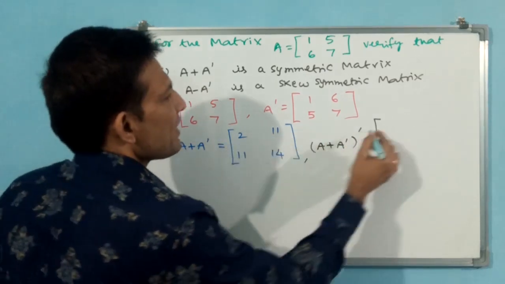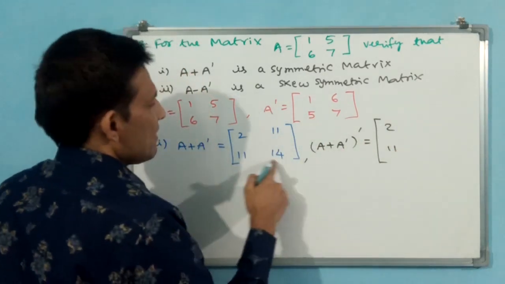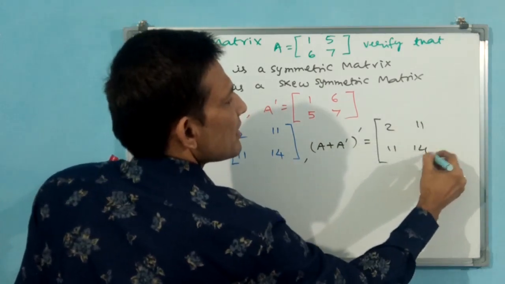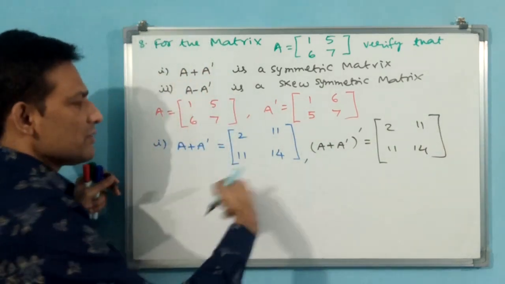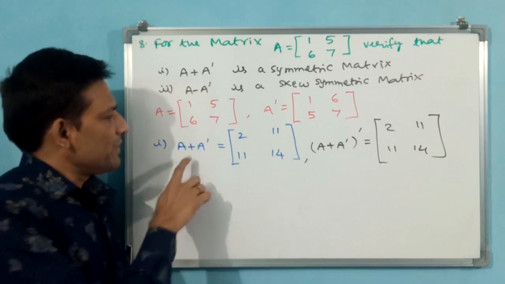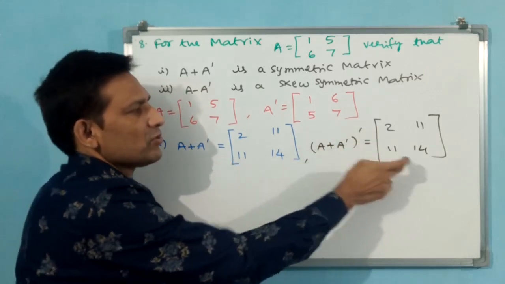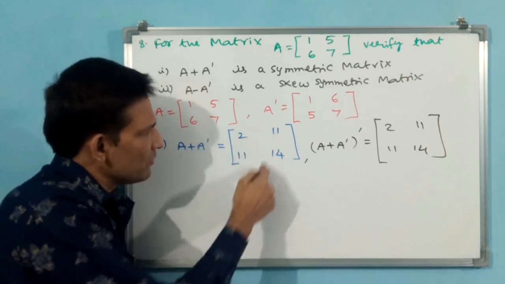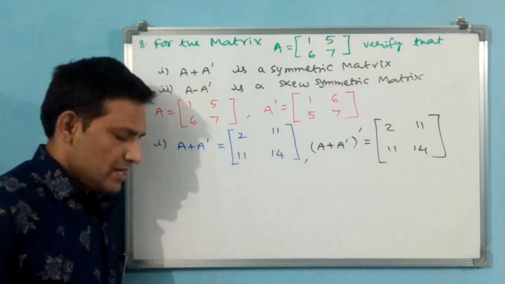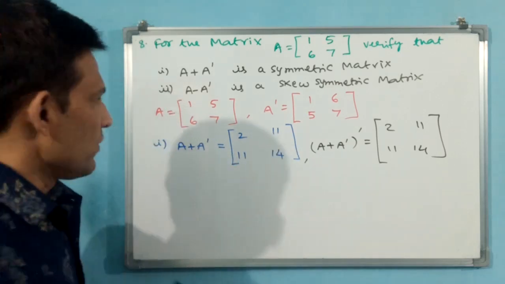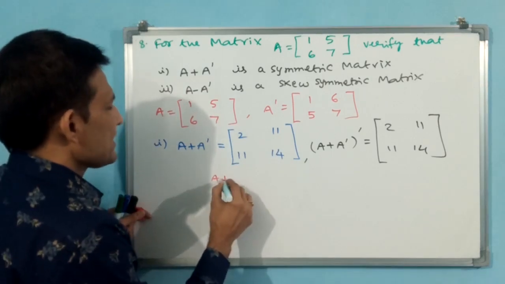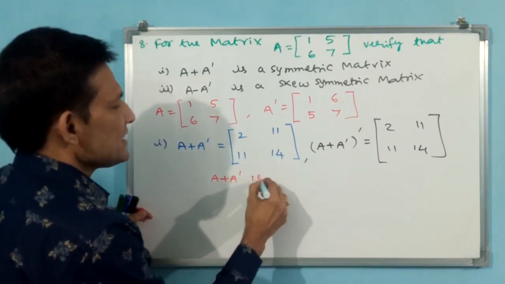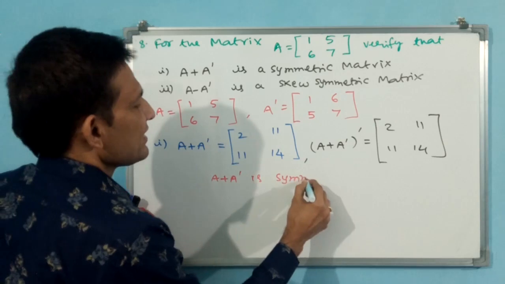You see 2, 11, 11, 14. Is it that both are the same? A plus A transpose and A plus A transpose whole transpose, both are the same: 2, 11, 11, 14. Then what can we say? We can say A plus A transpose is a symmetric matrix.